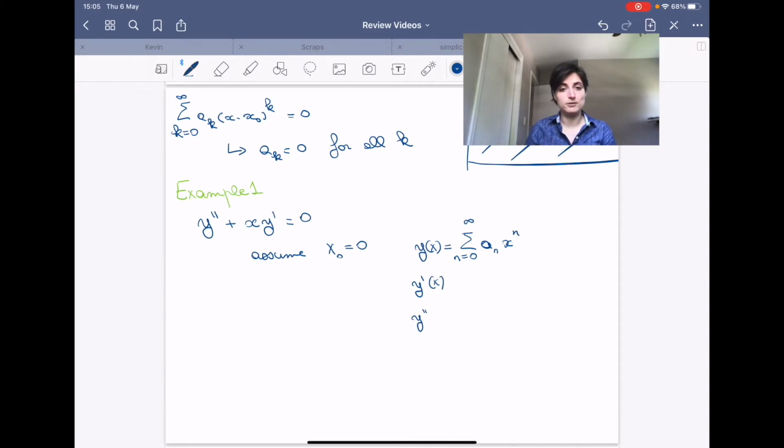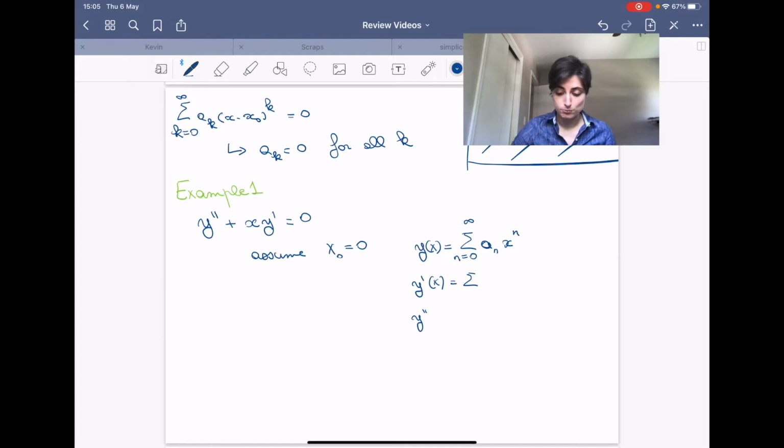The derivative with respect to x of a power series is the power series of the derivatives. So this can be written in a lot of different ways. And when we're going to be working on the power series, we'll have to find different ways of writing the same power series such that the next steps can work.